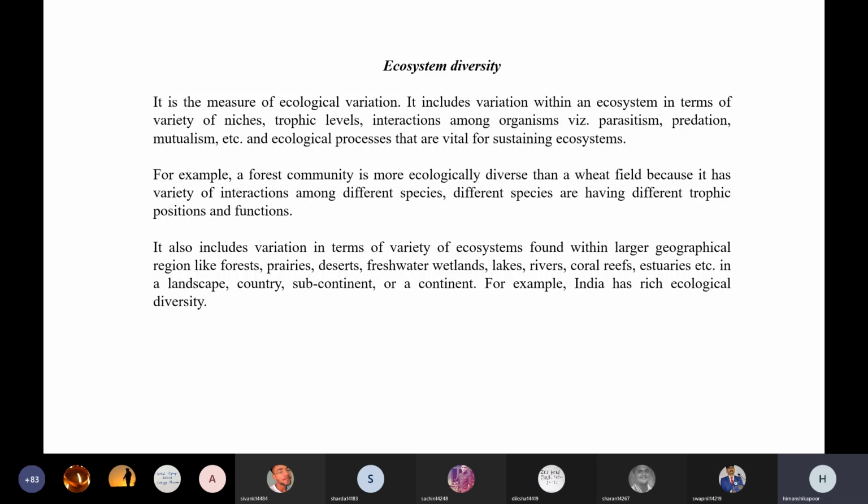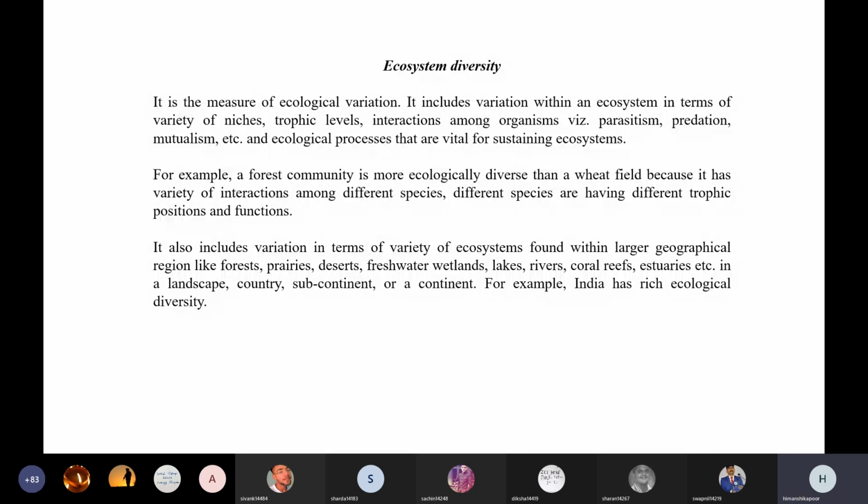There can be a variety of niches, a variety in trophic levels, and a variety amongst the interactions between organisms, whether the organisms are staying in mutualism, or they are parasitic over each other, or the relationship is predatory. All these are calculated in the ecosystem diversity.